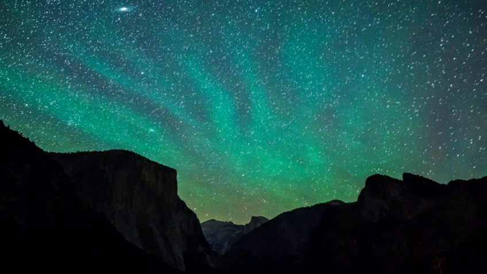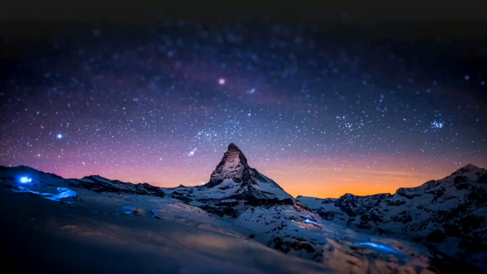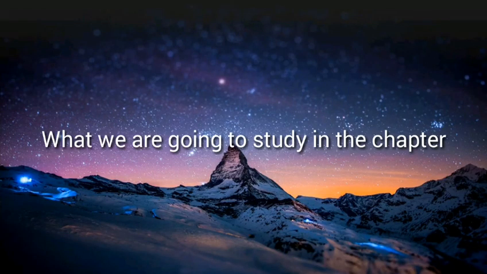Students, today we are going to start our next geography chapter: land, soil, water, natural vegetation and wildlife resources. I know what you are thinking: what are we going to study in this chapter? Earlier, in your first chapter, you studied resources.